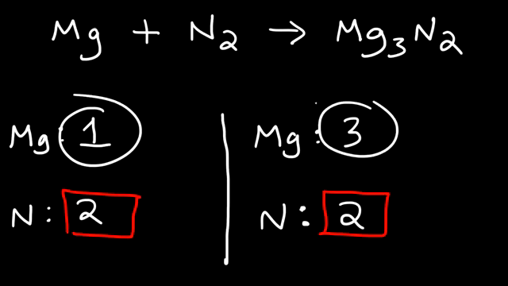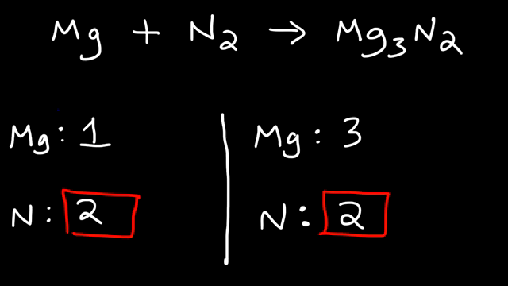So what do we need to do to make them equal? What we need to do is multiply this number by 3. And we can do that by putting a coefficient of 3 in front of Mg. Now, it's important to understand that when balancing equations, you can change the coefficient, but you cannot change the subscript.